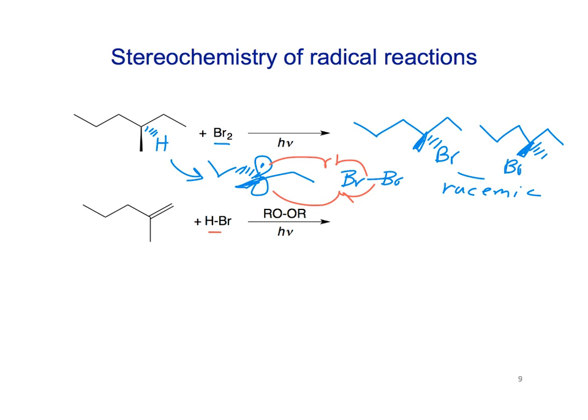Okay? Same thing is really true for this addition of HBr, but in this case, that's not where the bromine is going. If we want to draw the important intermediate here, we would have the radical here, and we added our bromine onto the end, because the bromine radical adds first to form the more substituted carbon radical.